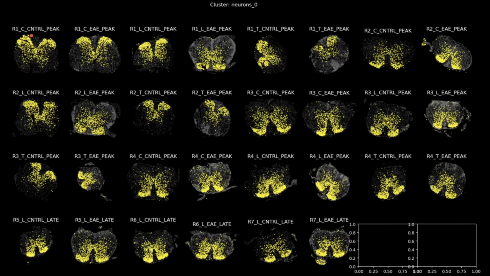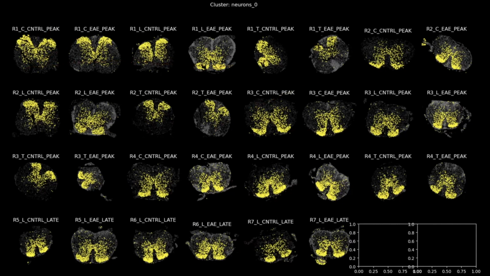Lumbar is L, thoracic is T, and then you have EE or control. So we had coupled disease and control. So you can map this out this way to get a feeling for the immense data set that we have here, right? So there's a lot of cells, and then we also have the spatial organization.